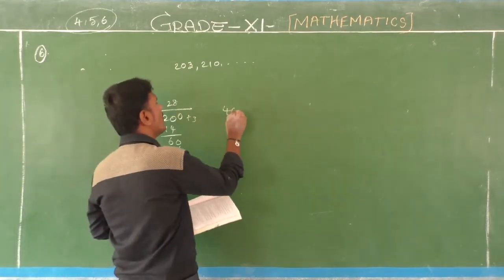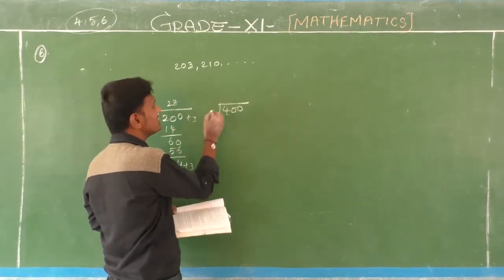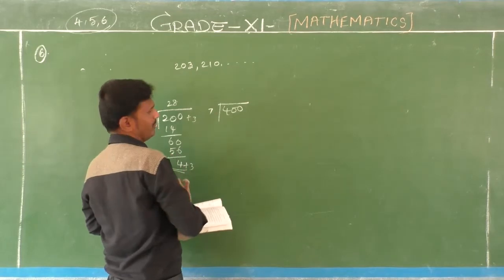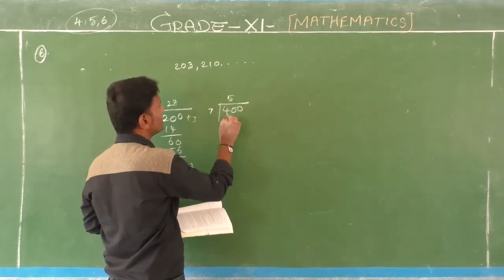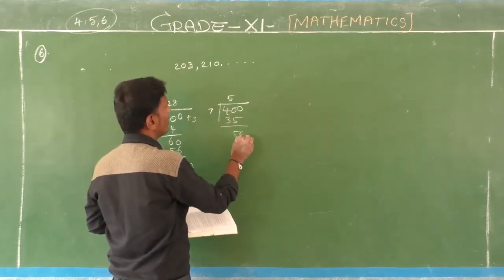So here also you divide by 7. What will come? 5 7s are 35, remainder 5, 50.